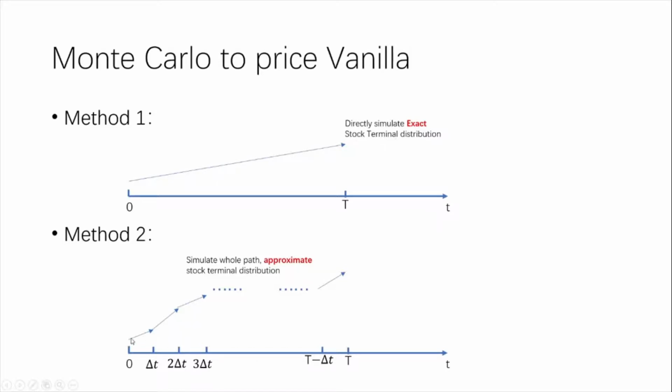You start from S at 0, get S at delta t, then S at 2 delta t, S at 3 delta t, and finally S at the final expiry T. But your distribution will not be exactly the same as the stock terminal distribution, the geometric Brownian motion, because at every middle step there is some discretization error.